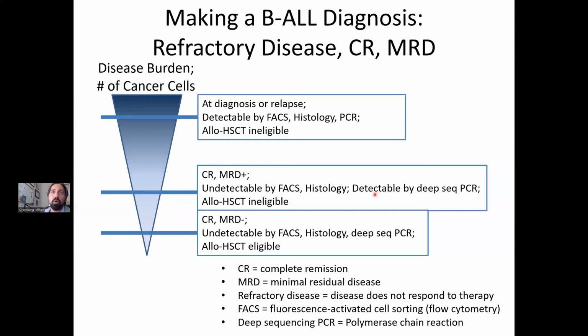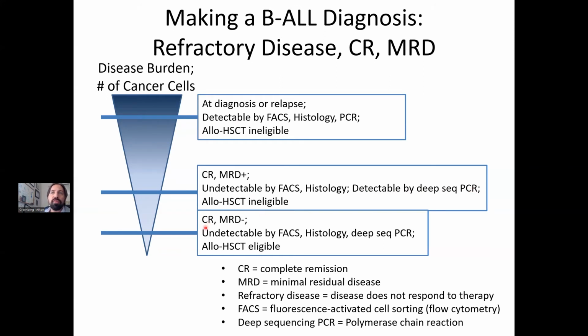However, when I do my more detailed molecular diagnostic, my deep sequencing PCR, polymerase chain reaction, at that point, I still see some residual cancer. And that means that even though it looks good from a gross level, looking at my less sensitive diagnostic techniques, when I'm doing my more sensitive diagnostic techniques, there's still cancer. I haven't been able to totally wipe out the disease.